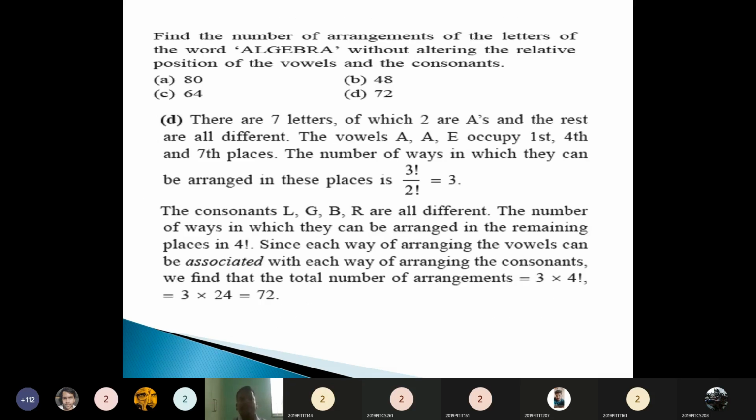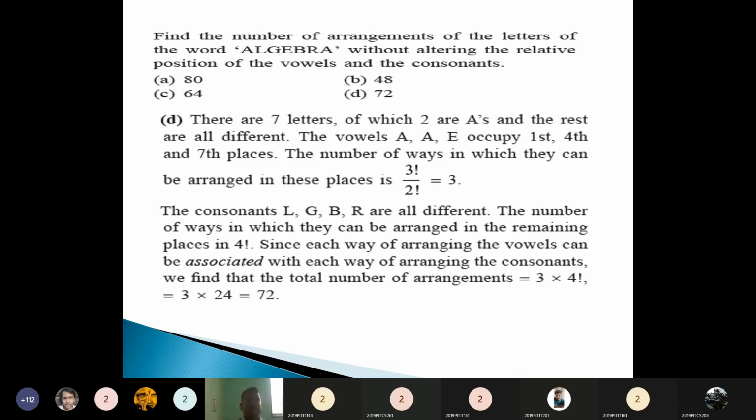Find the number of arrangements of the letters of the word ALGEBRA without altering the relative position of the vowels and the consonants. In the given word ALGEBRA, A, E, A, three vowels are there.